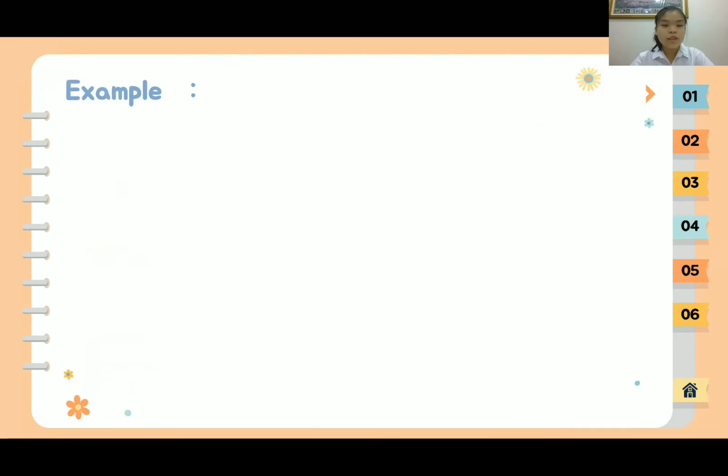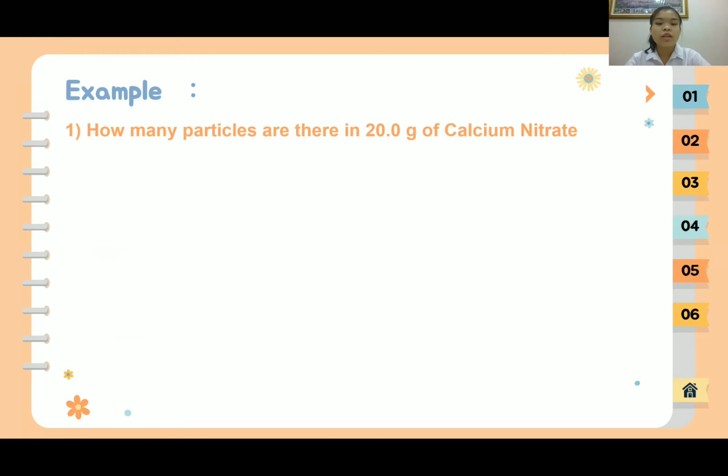First example. How many particles are there in 20 grams of calcium nitrate? Before we solve the particles, we need to search the molar mass.